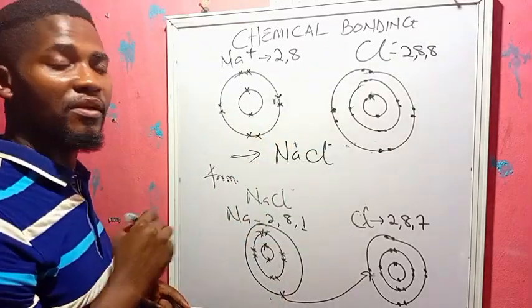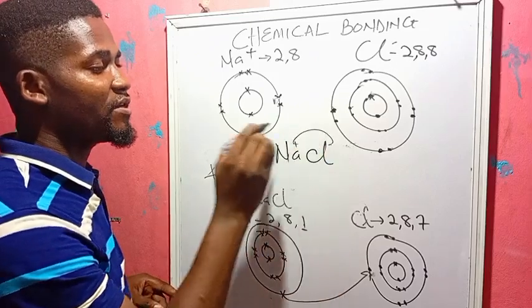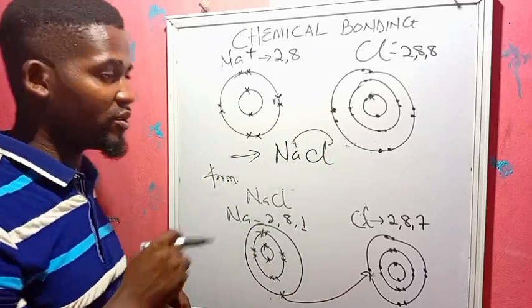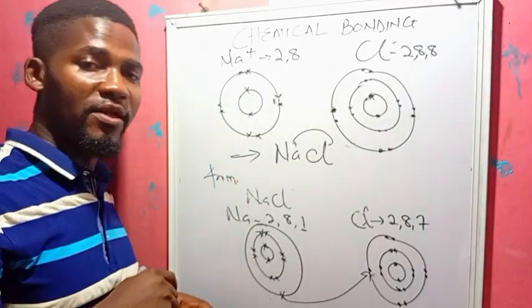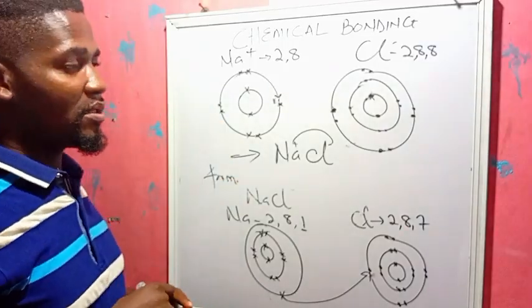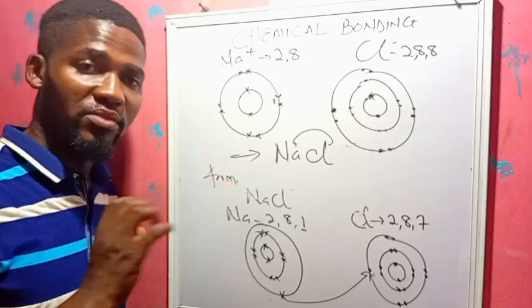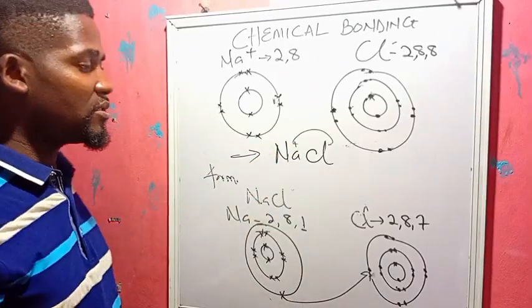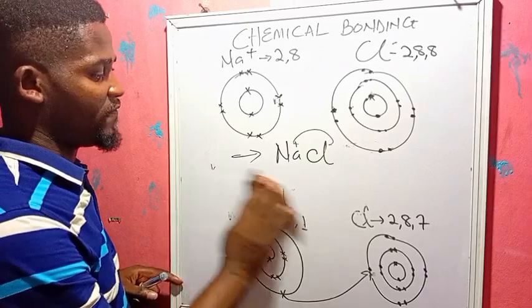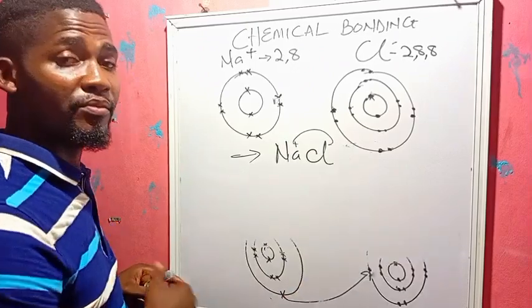We can see now that there are ions here. These ions now create a very strong bond of attraction between sodium and chlorine, which is termed the ionic or electrovalent bond. This is the reason why this bond is a bit strong, because it's between positive and negative, leading to the formation of a polar compound.